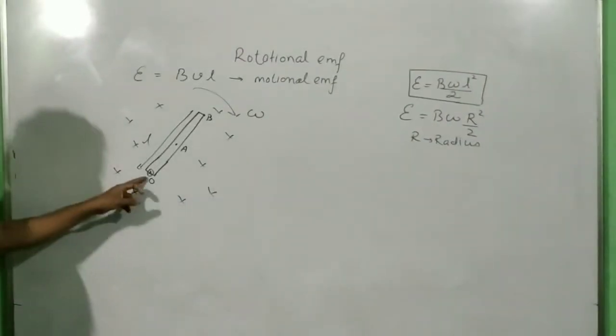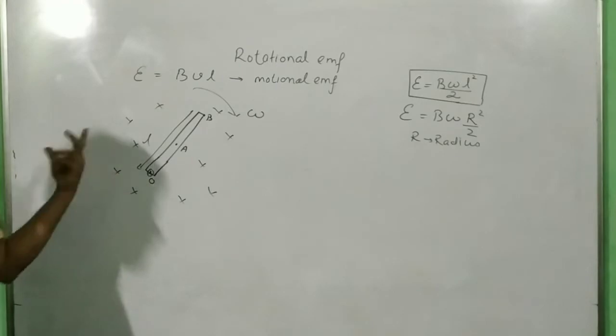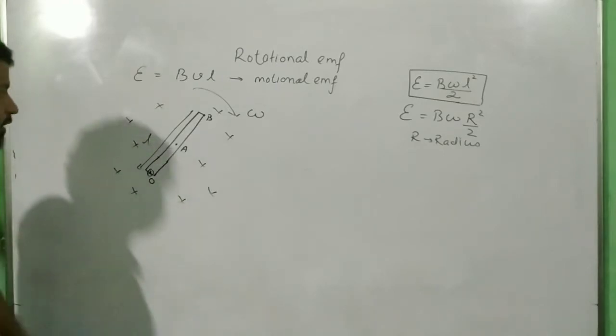Now the point which is fixed, we generally consider as zero potential. Okay, this is very important. The point which is fixed in rotation, we generally consider as zero potential because this point is not moving.